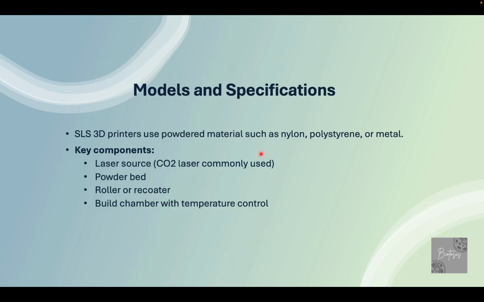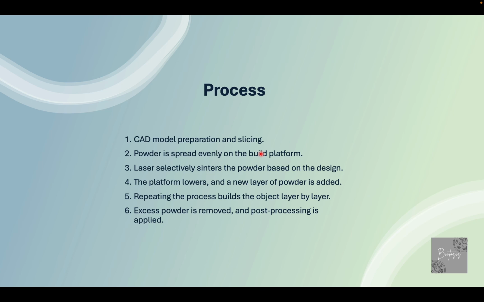Now moving on, we'll talk about the process. Like other processes that we have learned, we only have to learn the whole process of any type of printing once. First we have to prepare a CAD model. We have learned about CAD modeling software; if you want to try, you can try Tinkercad.